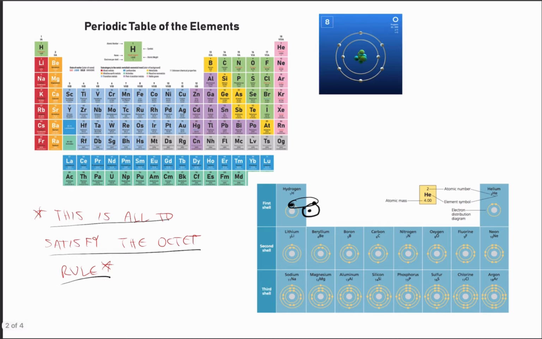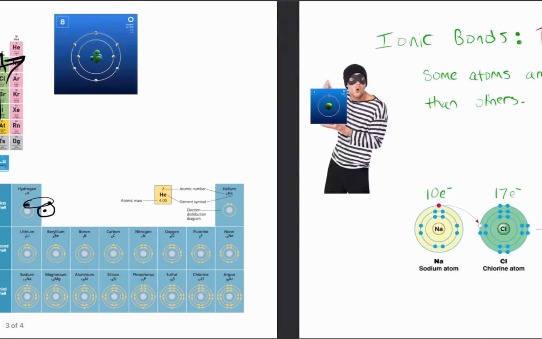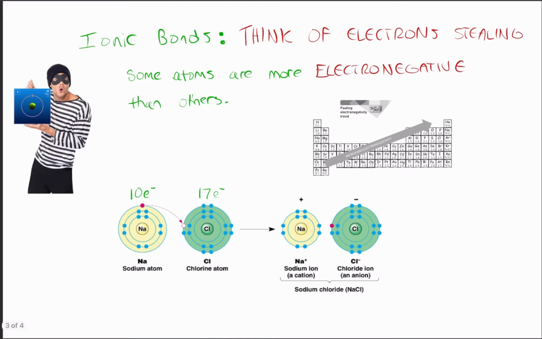Now, another thing I want to get into before the next bond, which would be ionic bonds, is an understanding of electronegativity. As we move through the periodic table, the more right and up an element is, the more electronegative it is. So if we go on to our third slide, now ionic bonds, I like to think of it as electron stealing.